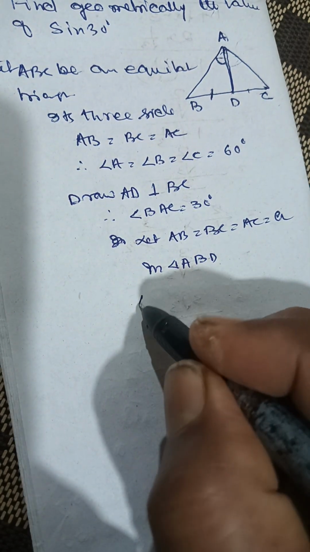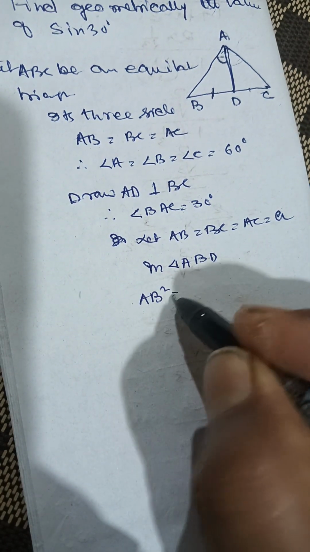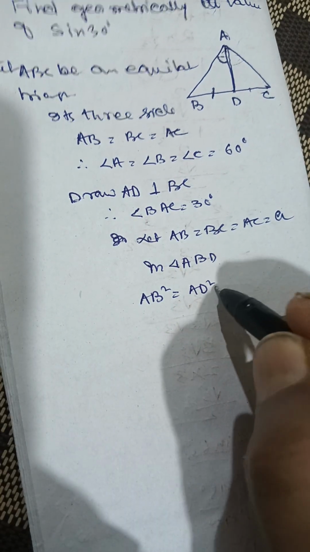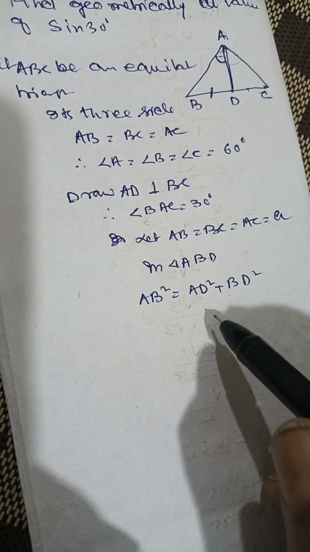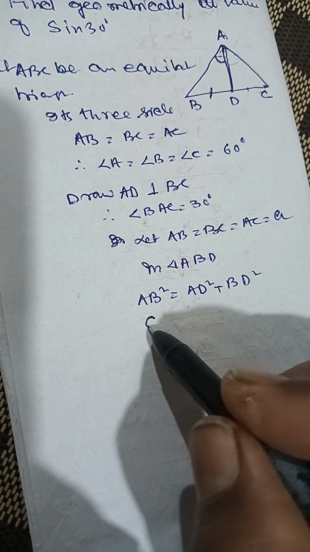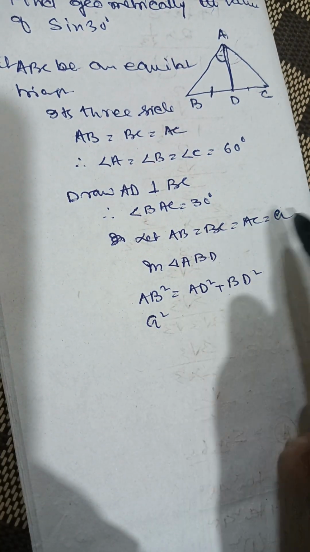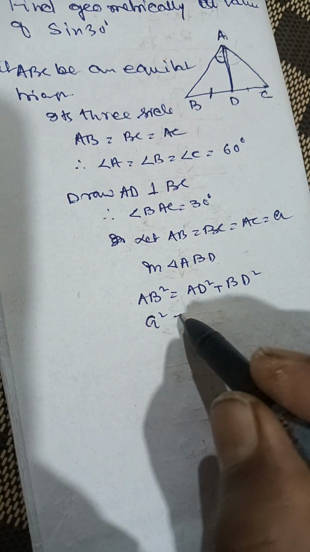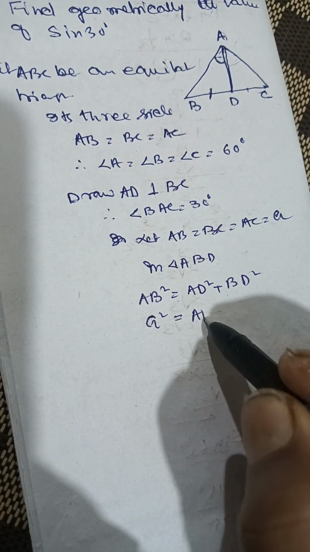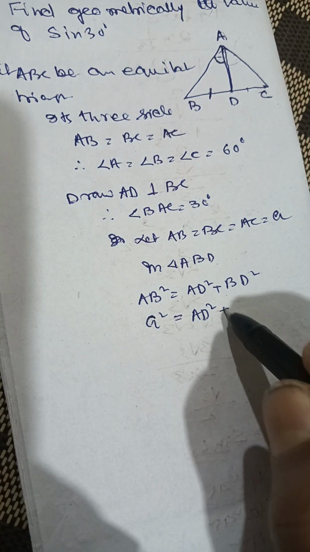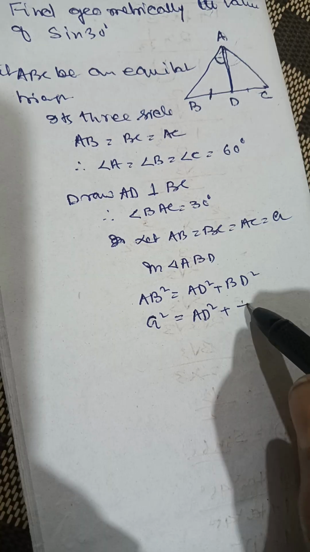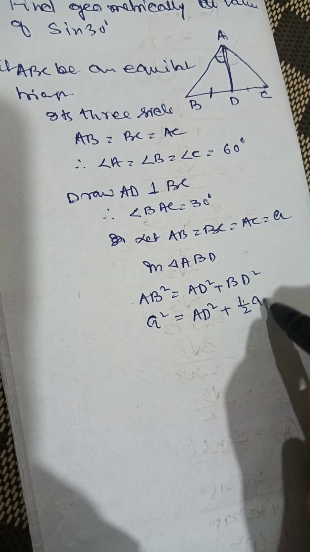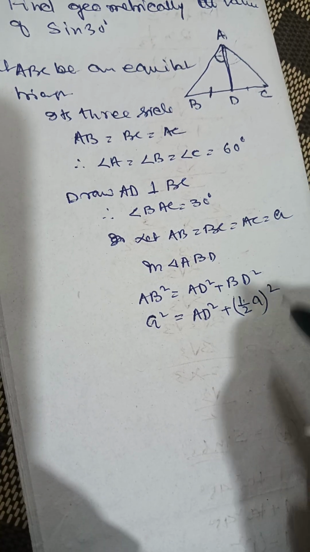In this triangle, you write AB square equal to AD square plus BD square. So AB is A square. I have considered AB is A, and AD is what we are going to find, and BD is, you see, BC is A, so BD is half of A, its square.